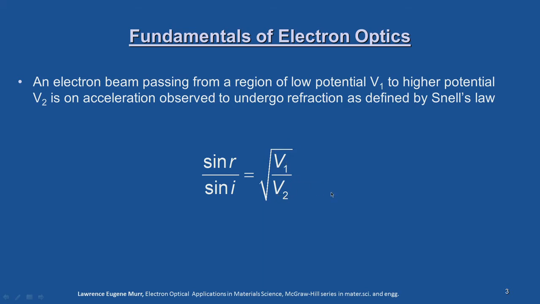We know Snell's law, which we reviewed in the fundamentals of the optical microscopic system. Similar behavior is obeyed by the electron optical system as well. This equation clearly demonstrates that the electron beam also undergoes refraction according to Snell's law.